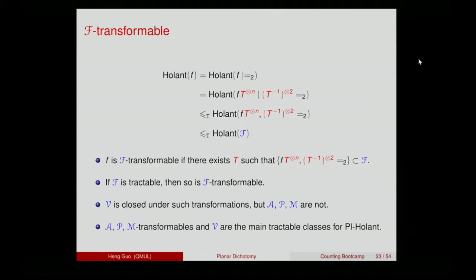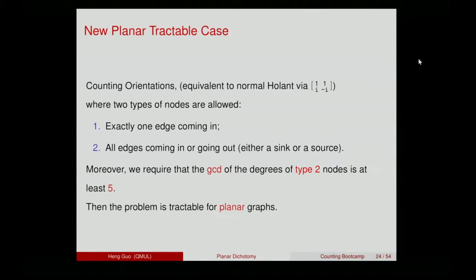Okay. But notice that I said these are sort of the main tractable cases. There's one more case that we discovered, which doesn't really fit in the picture I described earlier. These are some problems about counting orientations. Remember that this is equivalent to normal Holant via this (1, i), (1, minus i) transformation.